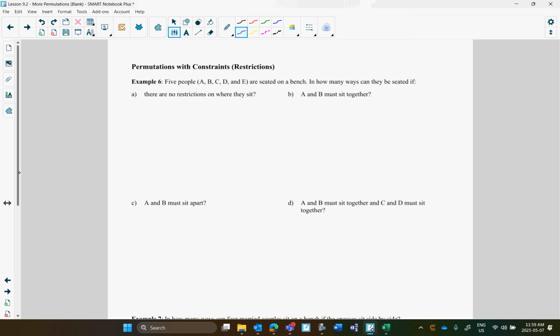Okay. We've got 5. This is very similar to the one we had in exercise 9.1, except this time it's not 8 people, it's 5 people and 5 seats. So how many ways can they sit? How many arrangements can I make if there's no restrictions?